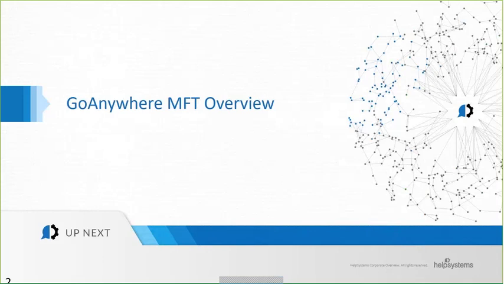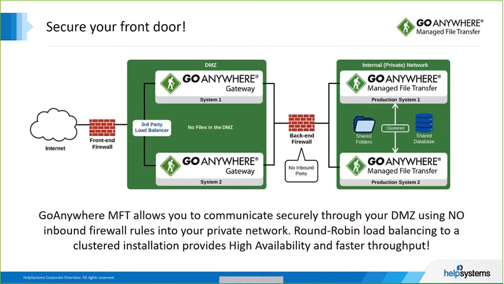So now what I want to talk about is just kind of give you an overview of what GoAnywhere can do to help you with this. GoAnywhere provides a gateway. We do give you that service to put into a DMZ server that allows communications to come into your system with no inbound firewall rules.